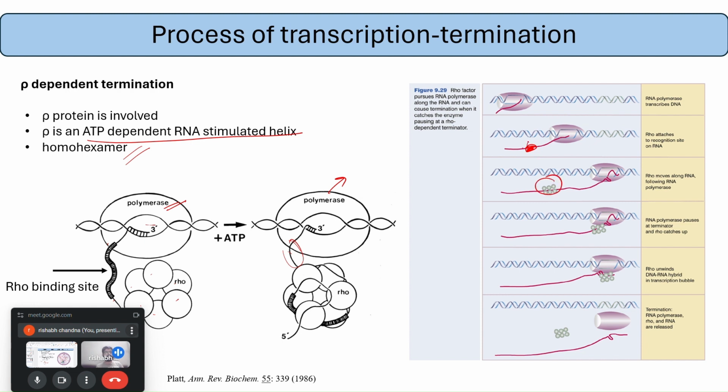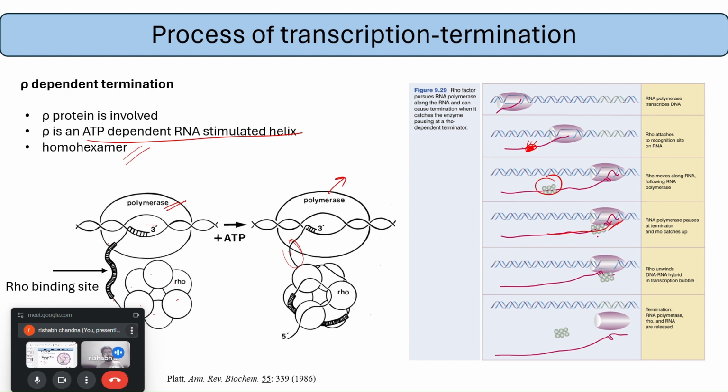It recognizes this particular site on the RNA itself. After recognizing, it moves to the RNA polymerase where it is transcribing that particular RNA, and then it pauses at the terminator position.